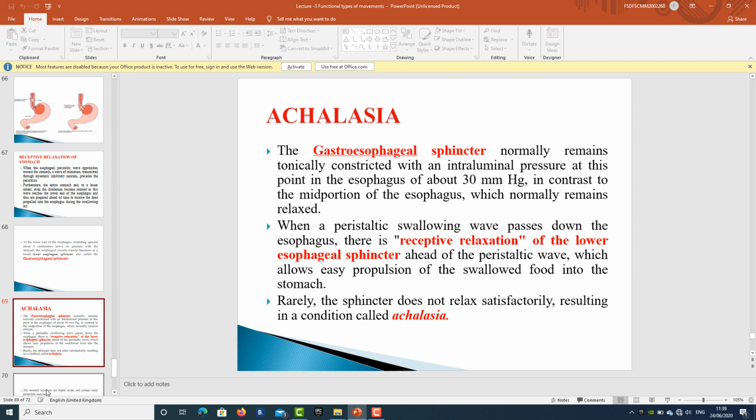Now, when a peristaltic swallowing wave passes down the esophagus, there is a receptive relaxation of the lower esophageal sphincter ahead of the peristaltic wave, which allows the ease of movement of the swallowed food into the stomach. So really what happens is that this sphincter is not going to relax satisfactorily, and it is going to result in a condition known as achalasia.